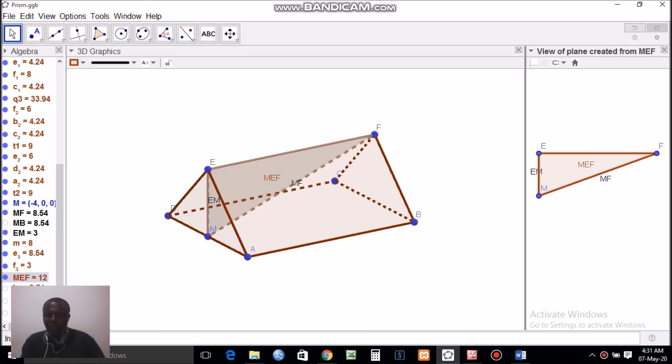We know MF, we had calculated it earlier. MF is 8.543. We also know EF as 8, and we know EM as 2.996. Now, once again, I will ask you to draw this triangle in your exercise book and then go ahead and calculate angle EFM, which is the required angle between MF and EF.